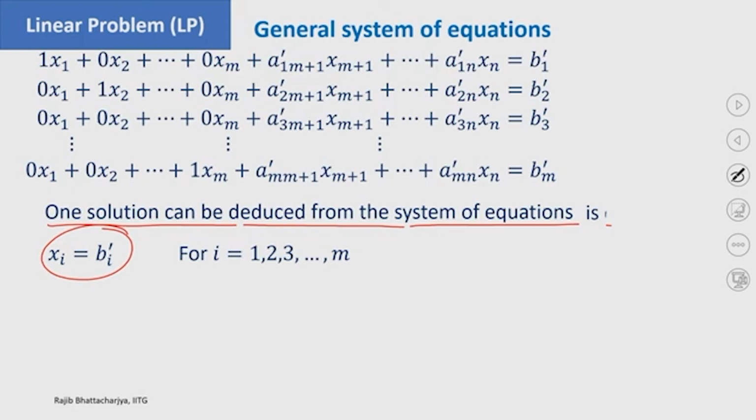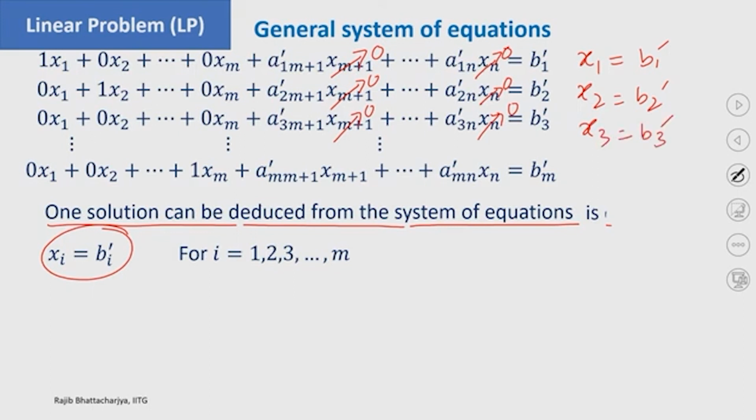Suppose I say this particular variable is equal to 0, and this one is equal to 0. Then I can say that x 1 equal to b 1 dash. Similarly, if this is 0 and this is 0, then x 2 equal to b 2 dash, and if this is 0 then x 3 equal to b 3 dash.